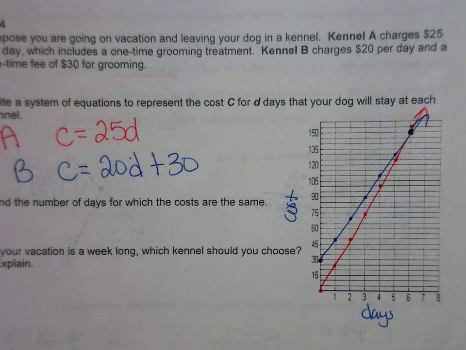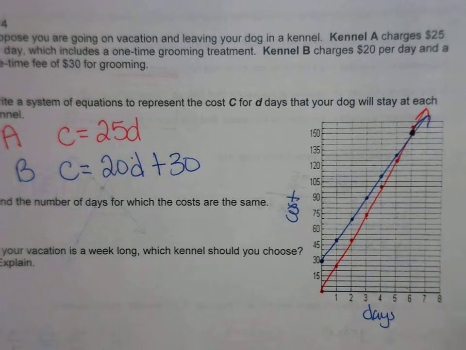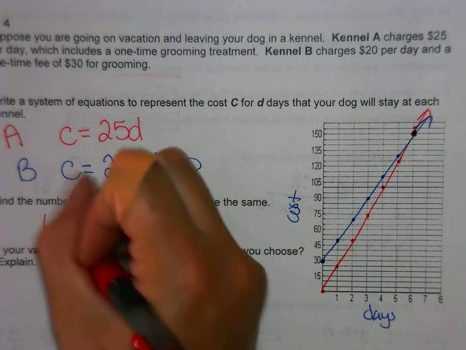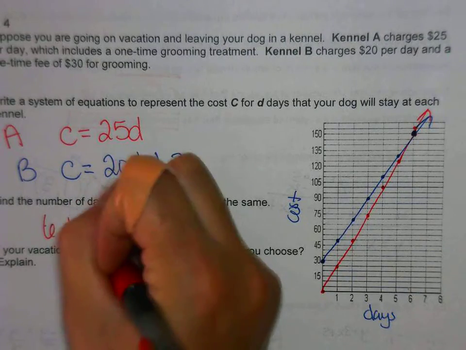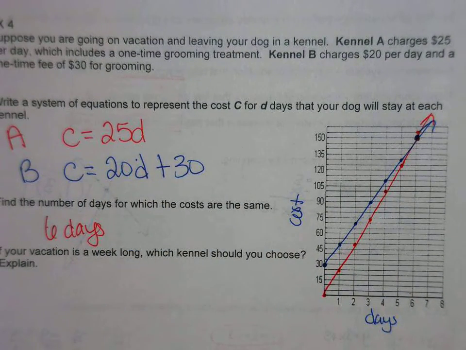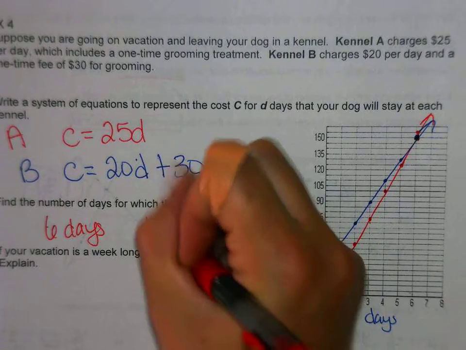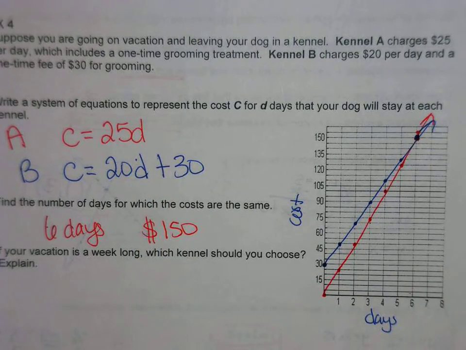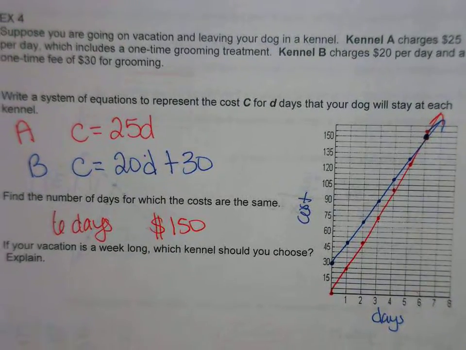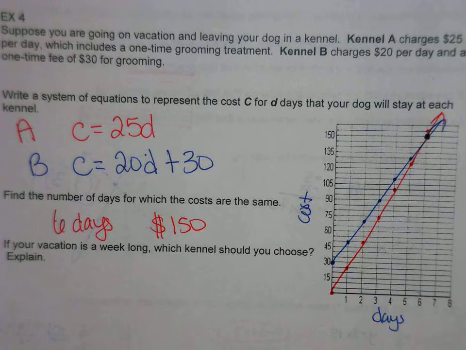Now find the number of days for which the costs are the same. We can tell at day 6, it'll cost the same. At day 6, no matter which kennel you're at, it's going to be $150. If our vacation is a week long, so 7 days, which kennel would we choose?